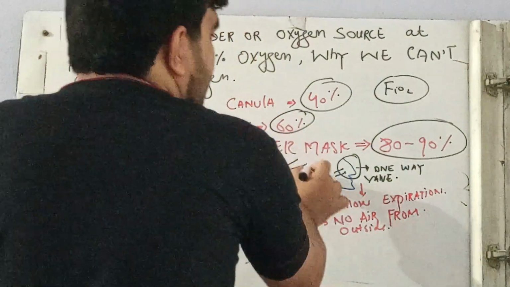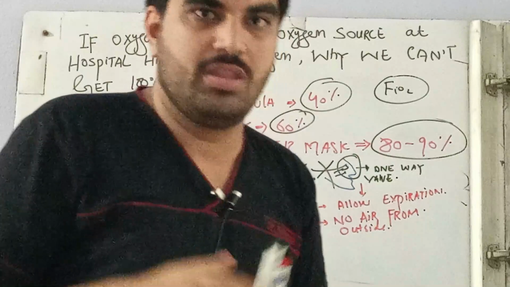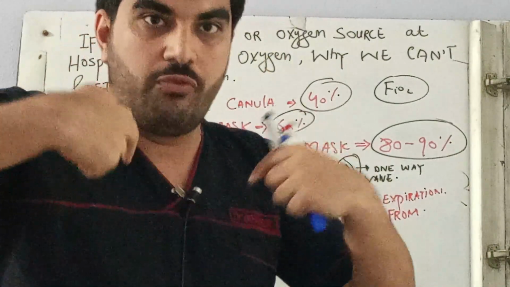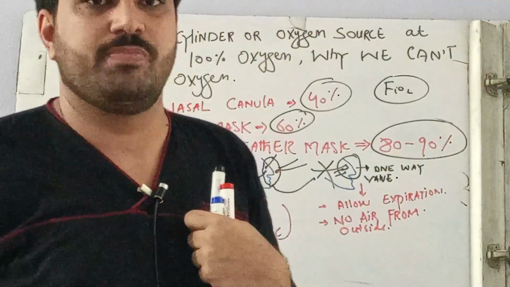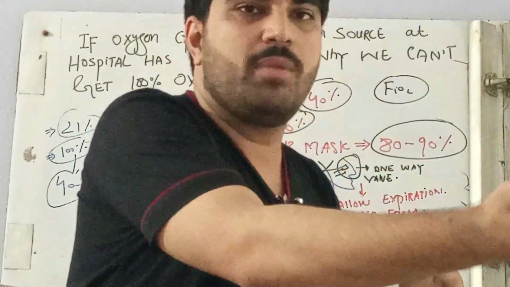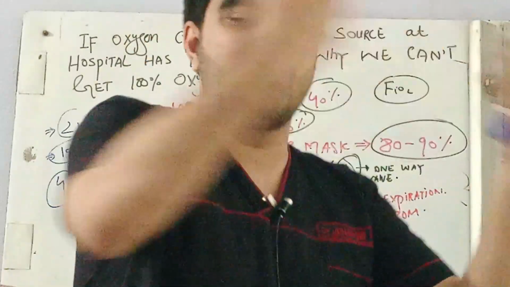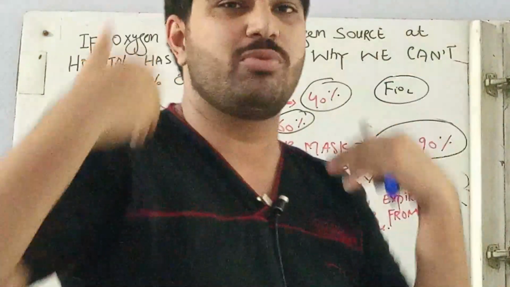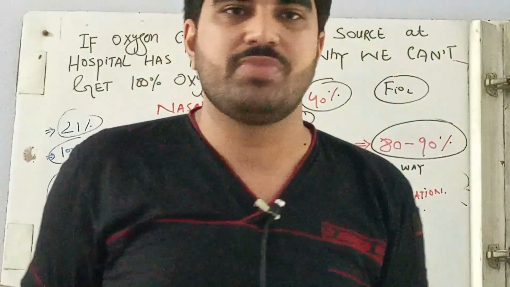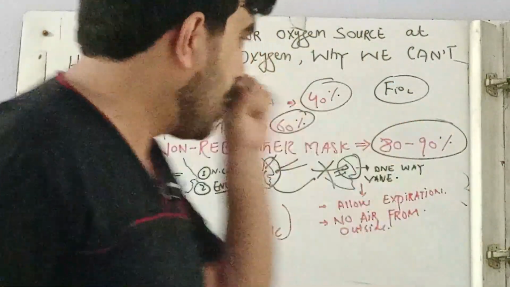This is a one-way valve mechanism, allowing the air from the lung to enter the environment, but no air coming from the environment to the lungs. If there is no air, or a very small amount of air, coming from the environment to the lung, you have increased the FiO2.